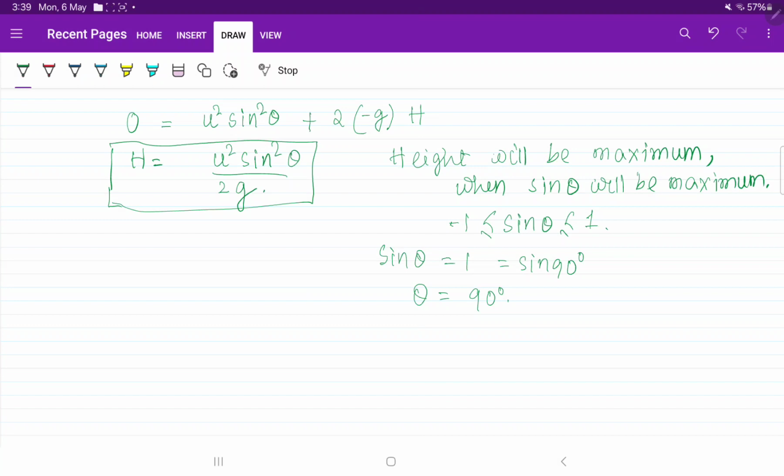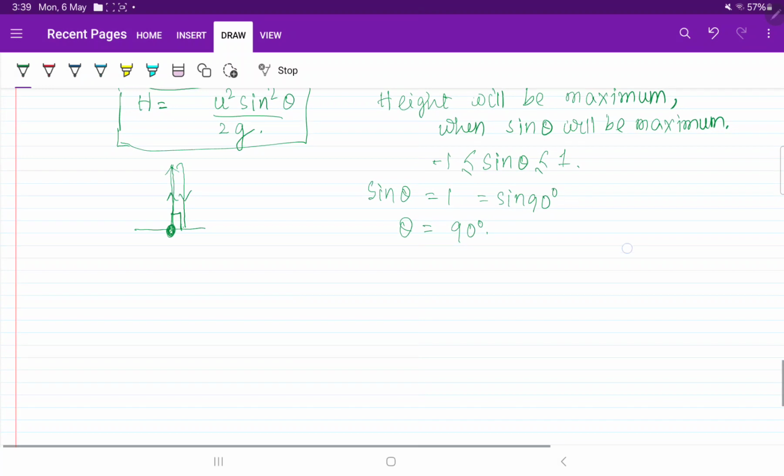So when a projectile is projected at an angle 90 degree, it will attain the maximum height. The same thing you can do: hold a piece of chalk and throw it upward making an angle 90 degree with the horizontal, then it will attain the maximum height and it will revert back to the original position, or to the ground.